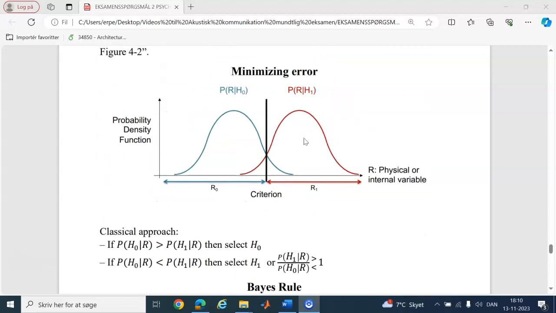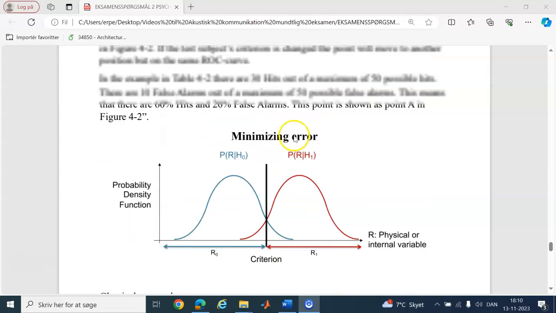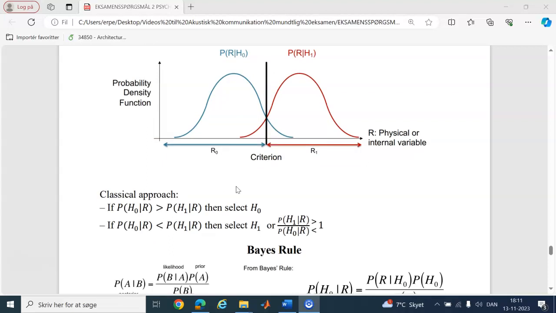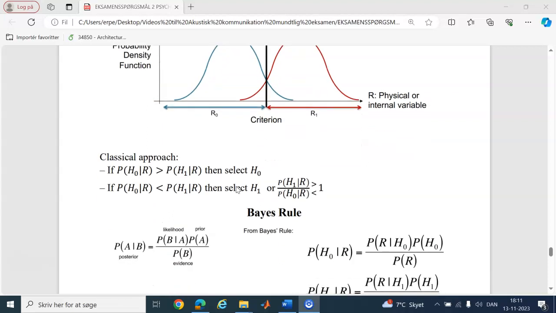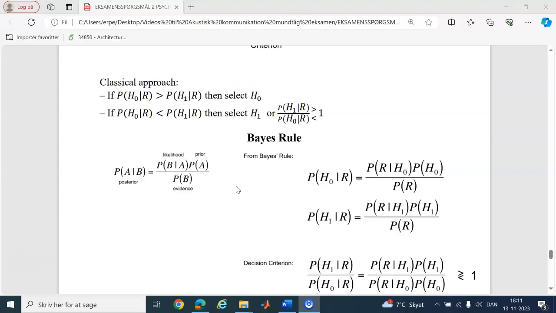And then we can also calculate P(H0|R) or P(H1|R) by Bayes rule.